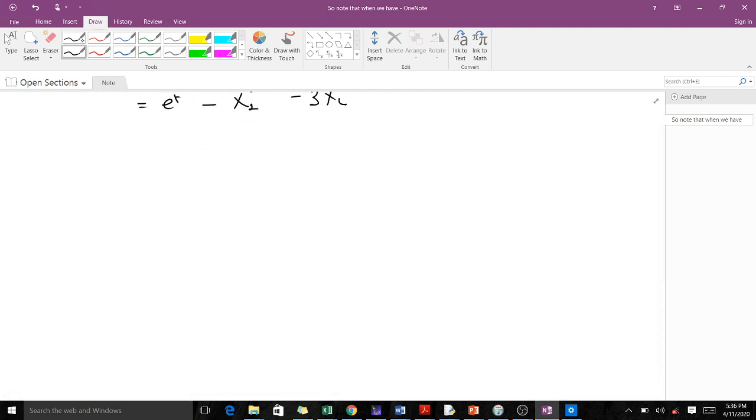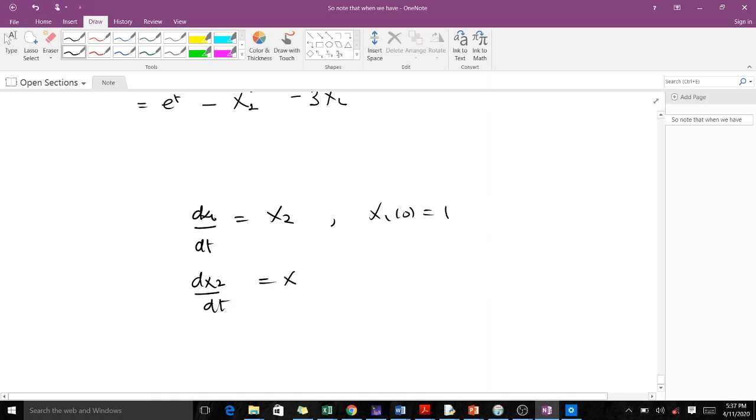But just a quick one. Sometimes you can be asked to write your system of ordinary differential equations of the first order into a matrix form. So let's see how we go about it. Once again, recall that these were our systems. The last one was dx3/dt equal to e^t minus x2 squared minus 3x1, and our initial condition was x3 of 0 equals 0.